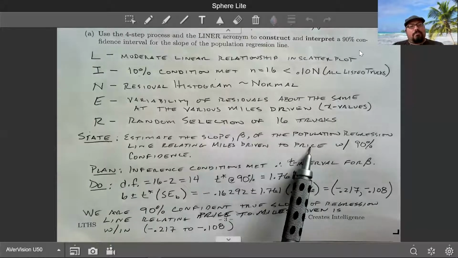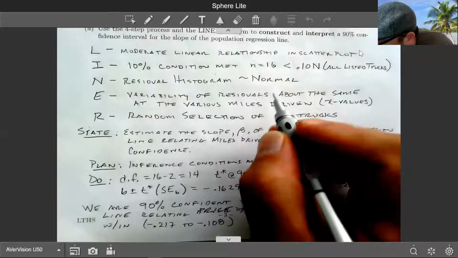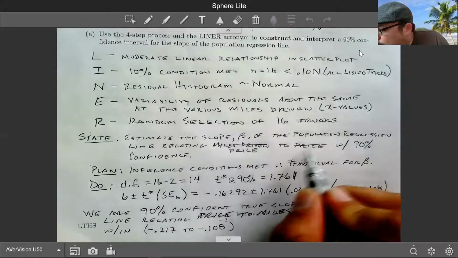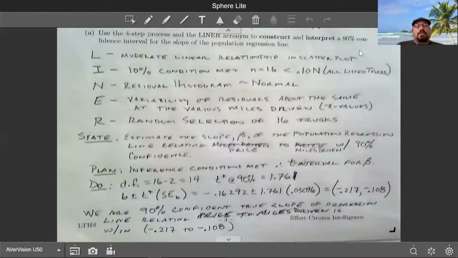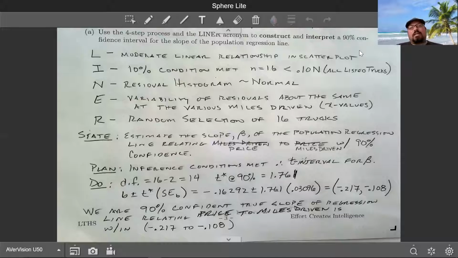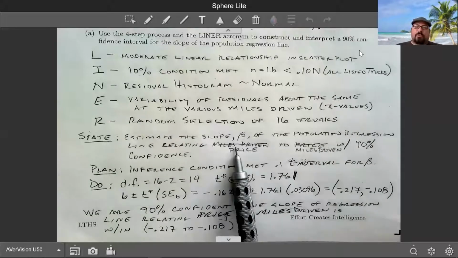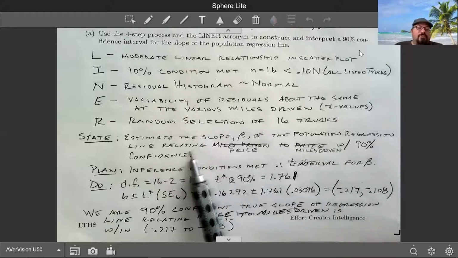But really and truly, we should say relating price to miles driven, and the reason is that we say you relate Y to X. The first is what you are predicting, your dependent variable, and the second is your independent variable. So really we should say price to miles driven, because price is changing based on miles driven.